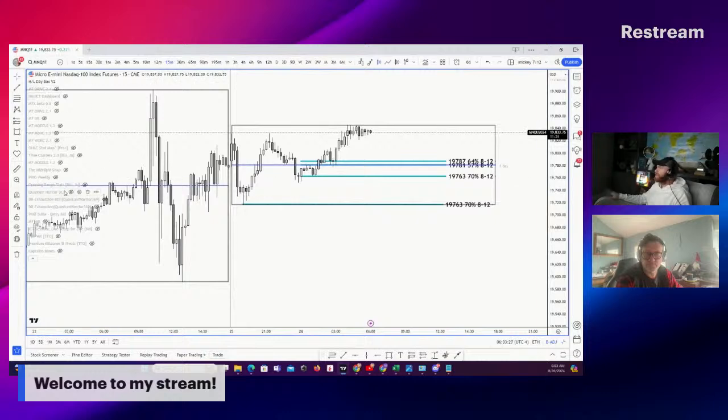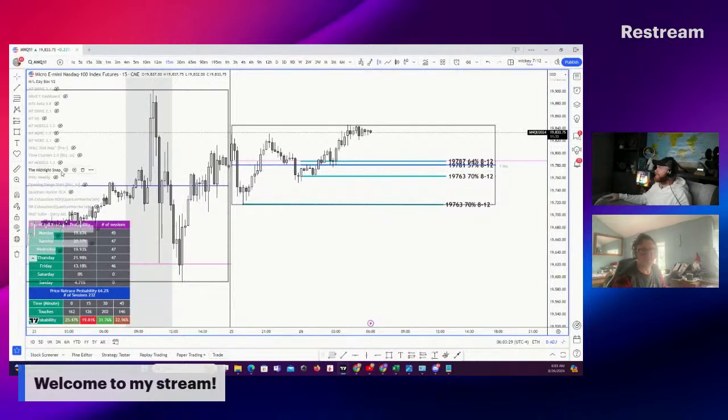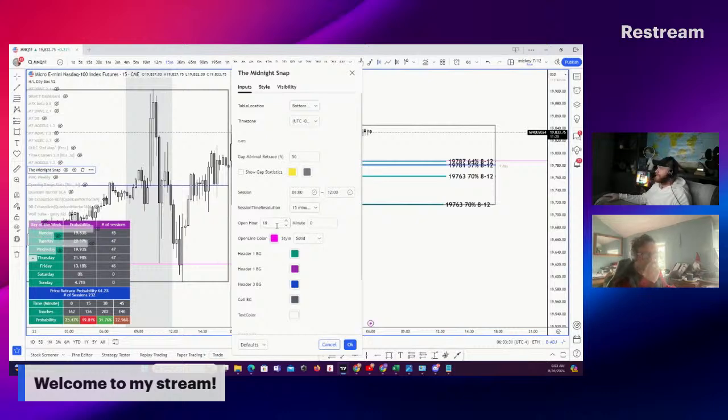Let's try it real quick. All right, so midnight snap. What time was it that you looked at? 12:45. And then the session would have to end at 12:44.